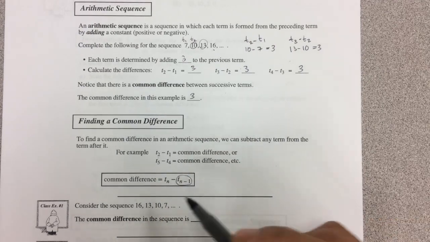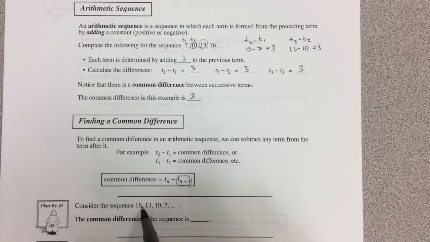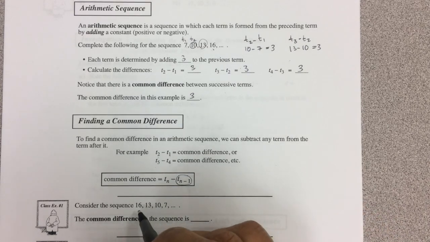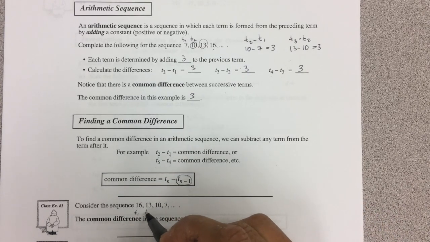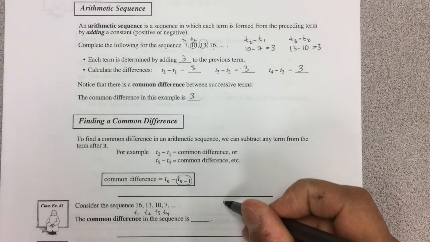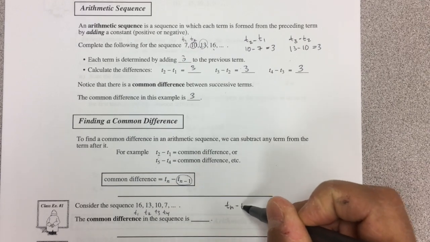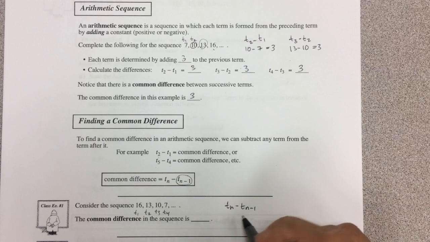So we'll look at how this works. Consider the sequence 16, 13, 10, and 7. Remember, this is term 1, this is term 2, this is term 3, and this is term 4. In order to find the common difference, we need to use our formula Tn minus Tn minus 1.